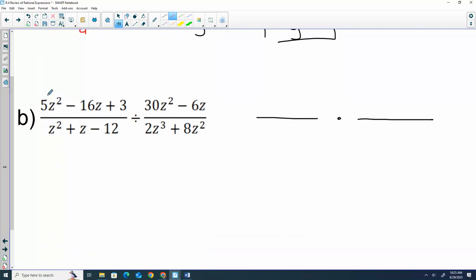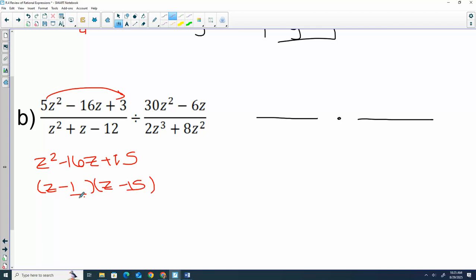On B, for the numerator, we do have to slip and slide. So if I get z squared minus 16z plus 15. What multiplies to 15 and adds to negative 16? Divide our 5 back.